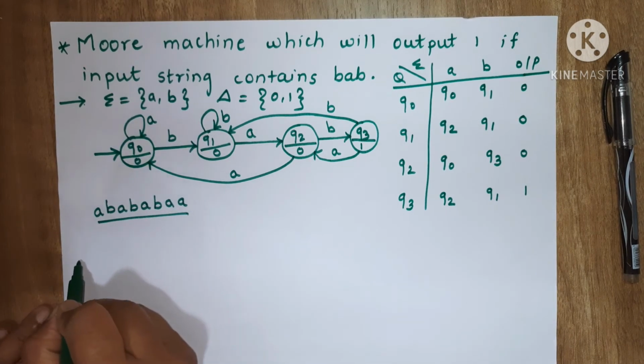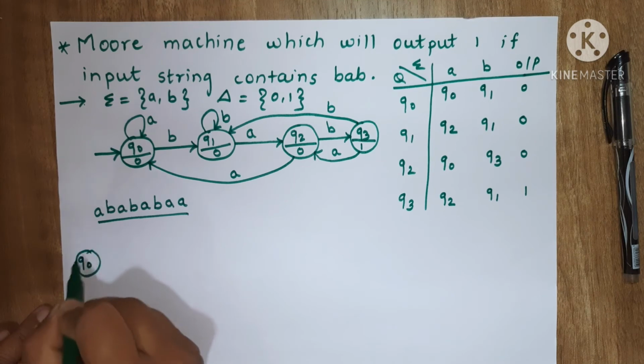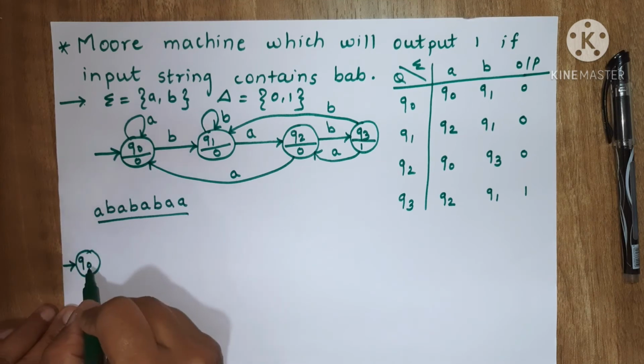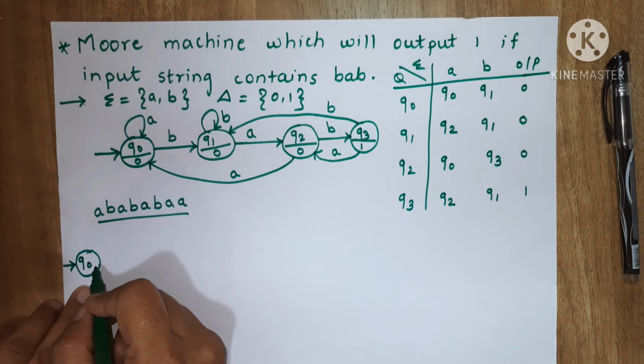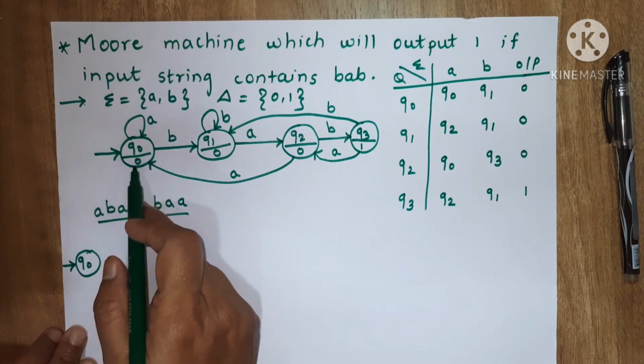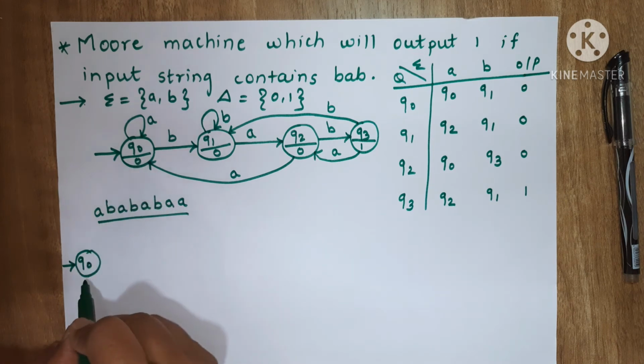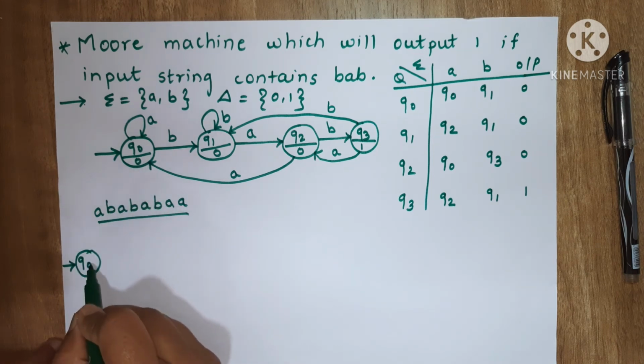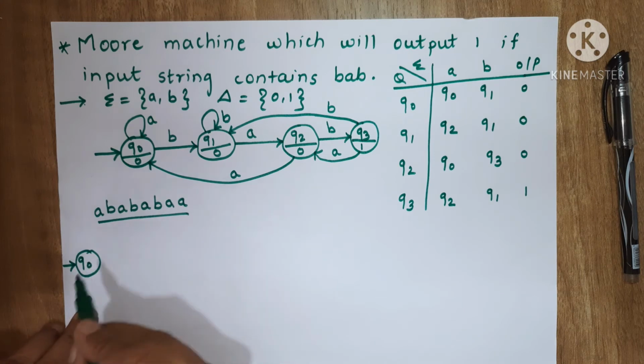So initially your machine is in the initial state, that is the Q0 state. As we know, in case of a Mealy machine, your output length will be 1 more than the input length, because in the initial state without reading any input it will produce the output. So in the initial state it will produce the output as 0.